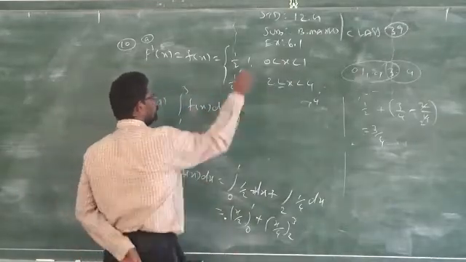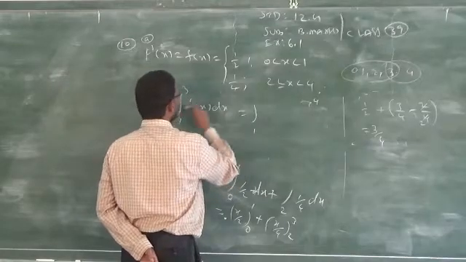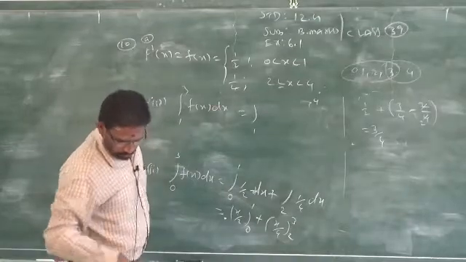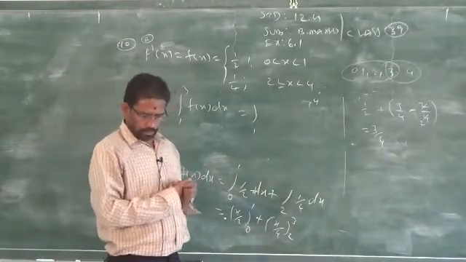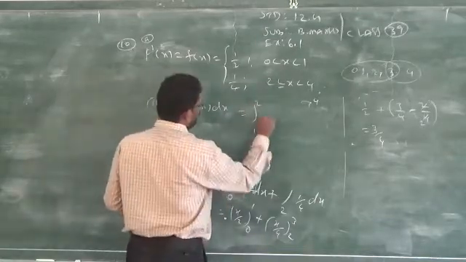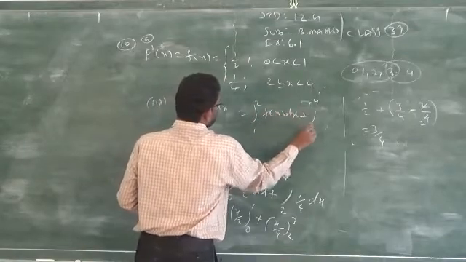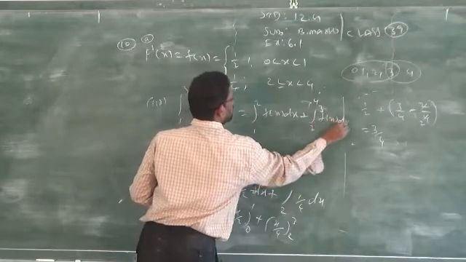That will be split: 1 to 3, between 1 to 3, is 1 to 2 of f of x dx plus 2 to 3 of f of x dx.